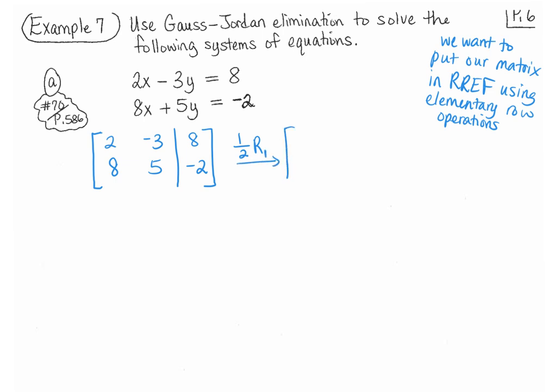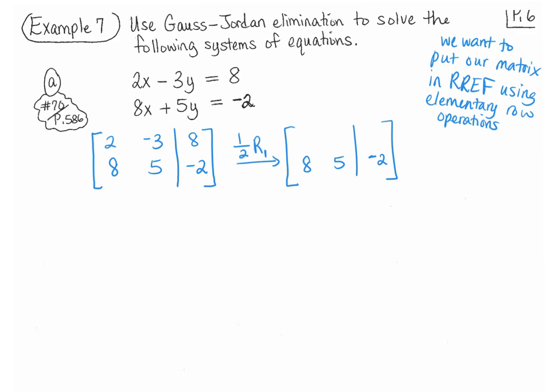That's going to give us a new first row. Does row 2 change? No. So we just write 8, 5, and -2 for row 2. The question is, where did the 1/2 come from?